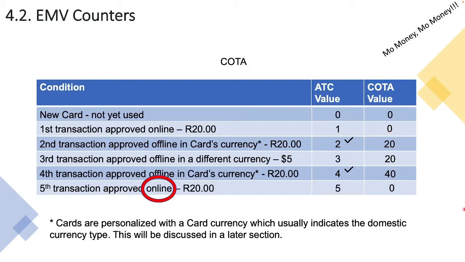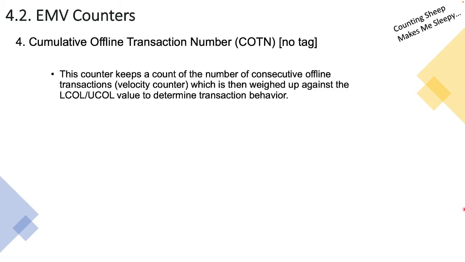Okay. So let's move over to the cumulative offline transaction number counter, which we refer to as the COTN. Once again, no tag, as this counter is inherent to the application. Unlike the previous counter, unlike COTA, this counter counts the number of consecutive offline transactions.